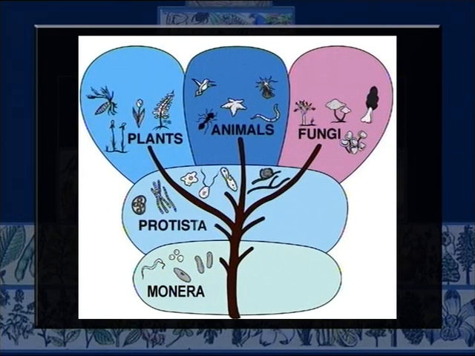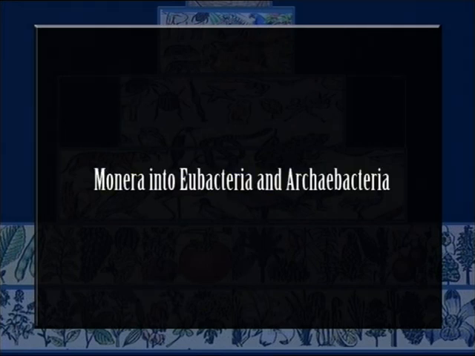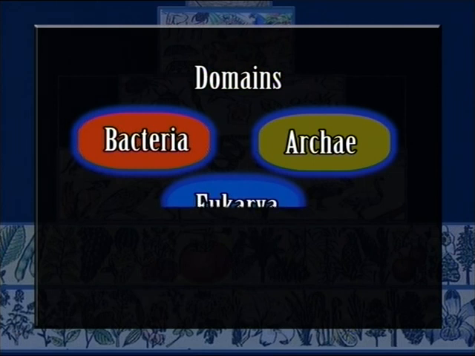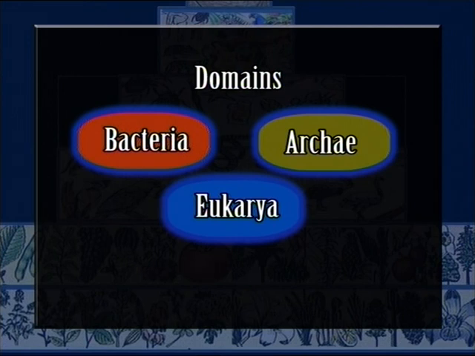Within a short span of time, Woese in 1977 divided kingdom Monera into Eubacteria and Archaebacteria, raising the number of existing kingdoms to 6. Woese later in 1990 recognized 3 domains above the rank of kingdom: Bacteria, Archaea and Eukarya.